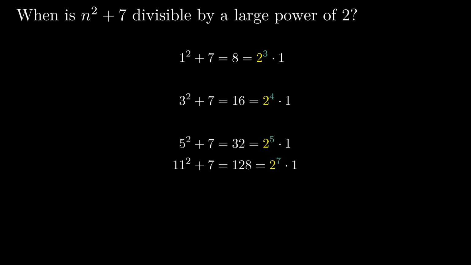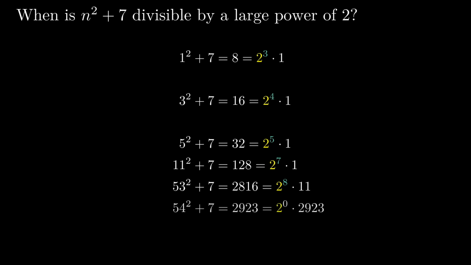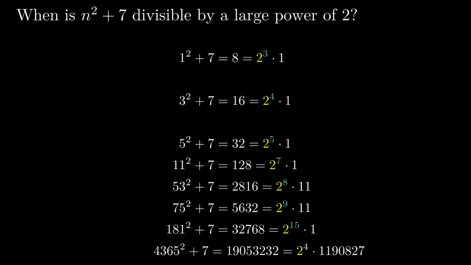Well, not till the 11th value of n, and it's actually divisible by 2 to the 7th. For 2 to the 8th, we have to go farther. For 2 to the 9, we have to go up to 75. And the next record occurs at 181. After that, it's not till 16,203.